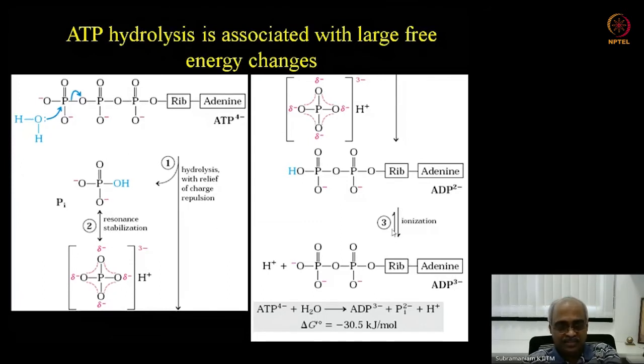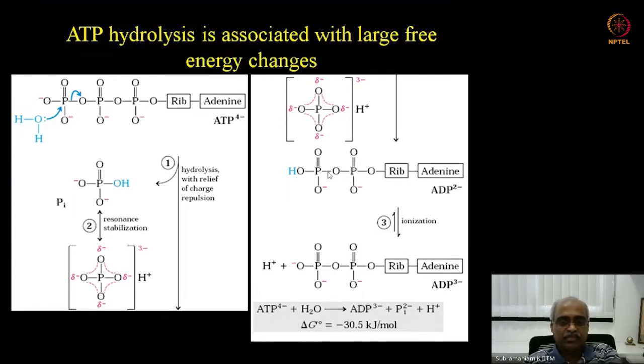And the third, this hydrolyzed ADP can readily deprotonate. For example, this can readily deprotonate because the surrounding medium, water, has very little proton. Remember, 10 power minus 7 at neutral pH. So it readily, spontaneously loses this, higher to lower situation.